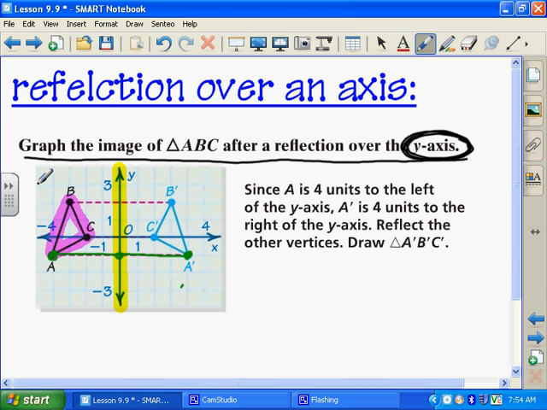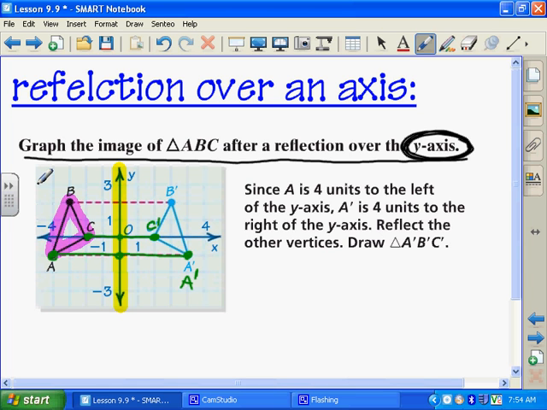So you do that for each point. So here's C, and C is at -2, 1, 2. So I count 2 spaces, and then I keep going 2 spaces more, and now I have C prime. Now B, I have here, which is at 3, and I go 3 spaces, 2, 3, and then I go 3 more, and now I have B prime.